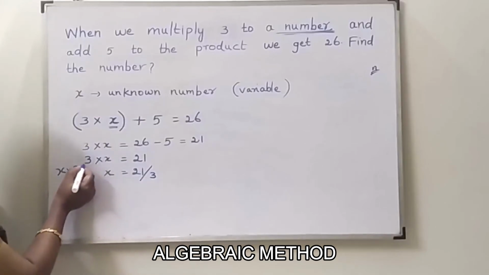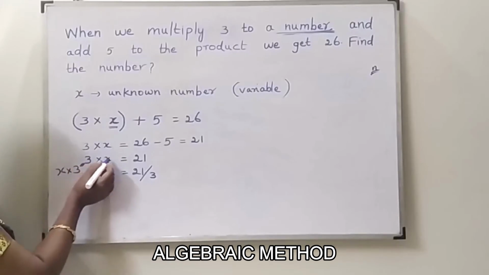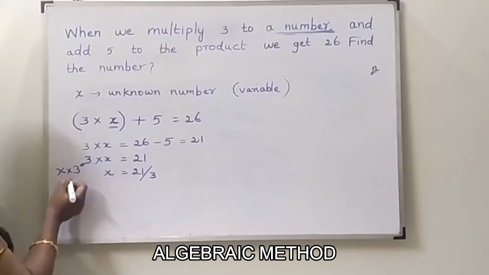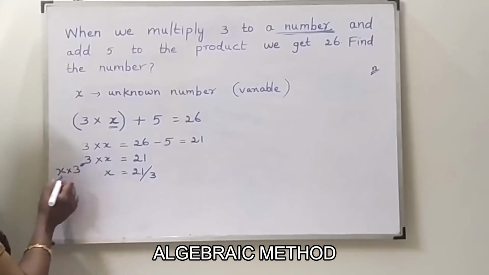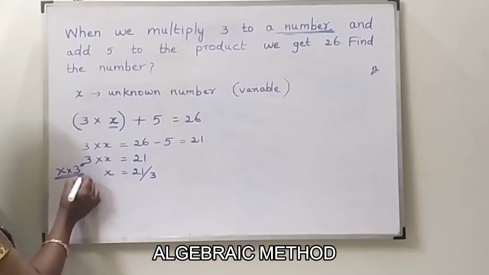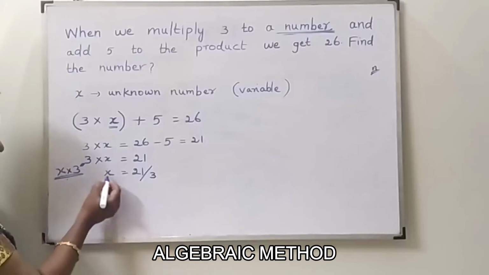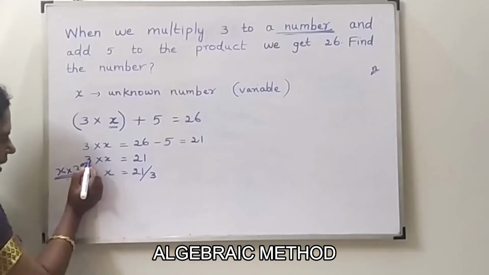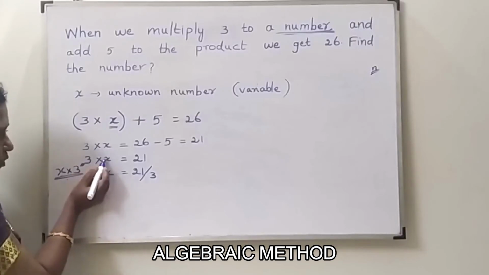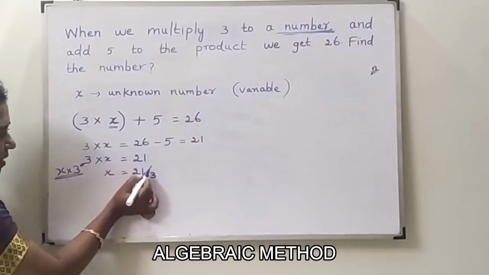Now here I have done a small change: I have changed this 3 into x to x into 3. Both are the same. It is not necessary to write it as x into 3, but I have written this in order to bring out this value easily, for the beginners. Otherwise there will be a confusion: the multiplication sign comes before x, so how can we write divided by 3?